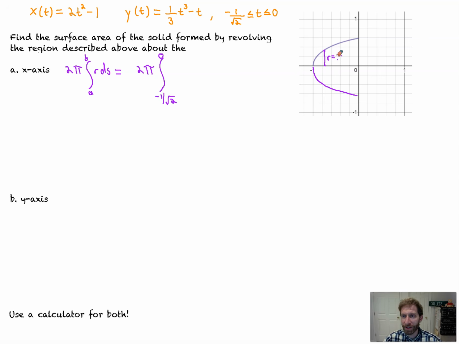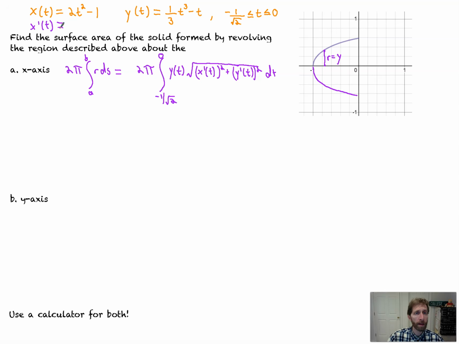My goodness. I'm confusing my x's and my y's. R is y, right? Because that's a y distance. So it'd be y of t times the square root of x prime of t squared plus y prime of t squared. We're going to use a calculator for a good part of this. No way I'm doing this by hand. dt. So let's find x prime and y prime.